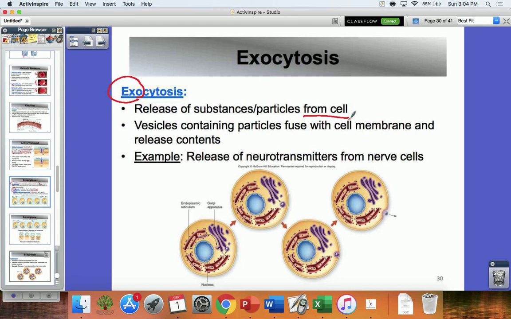An example that we'll talk about in several parts of A&P will be neurotransmitters being released. Once they are made within our nerve cells, they're then transported to the cell membrane and then released whenever a signal needs to be sent to another nerve or another gland or muscle cell.